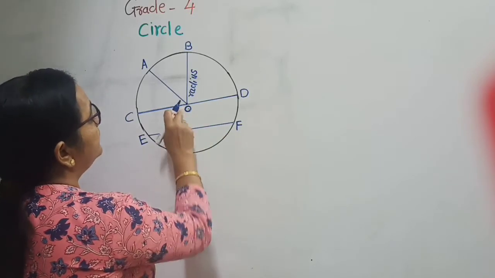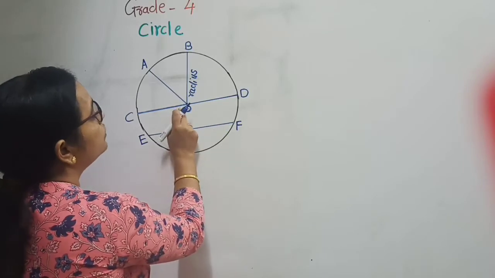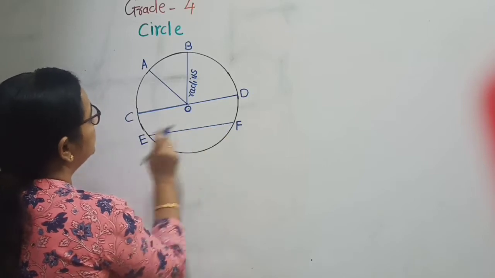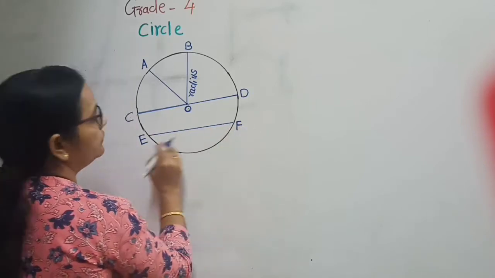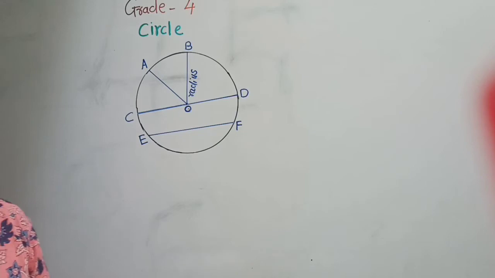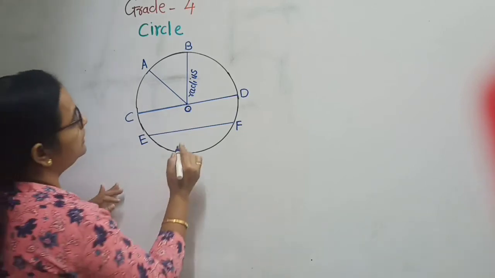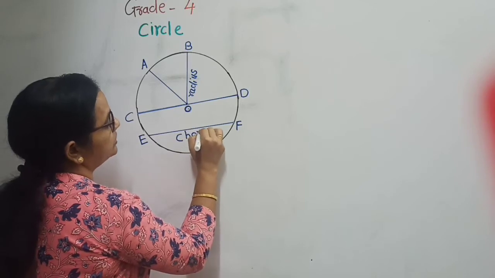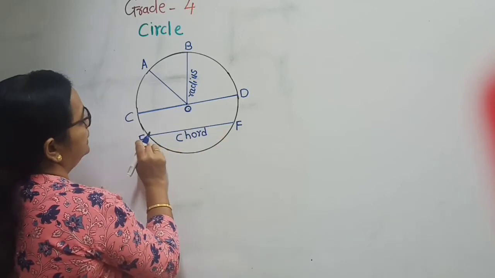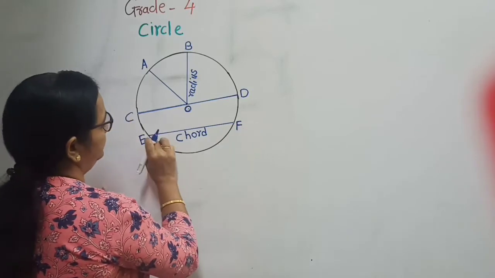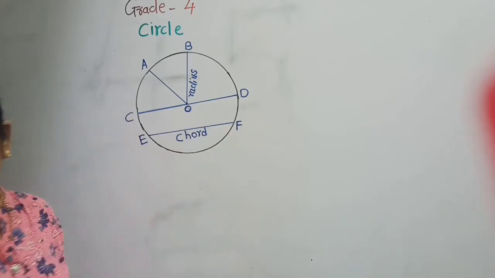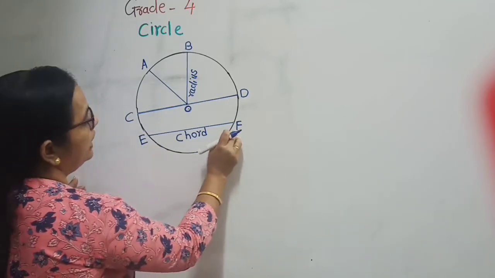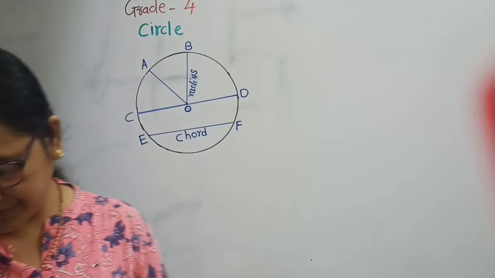In this line there is no center O in between, only E and F. When we join them, it is called a chord. Understand, children? This EF is a chord.